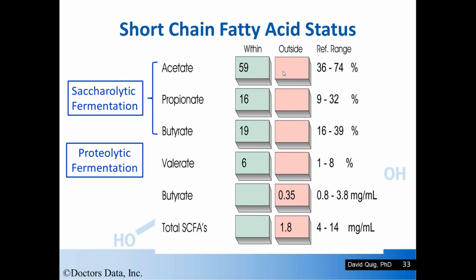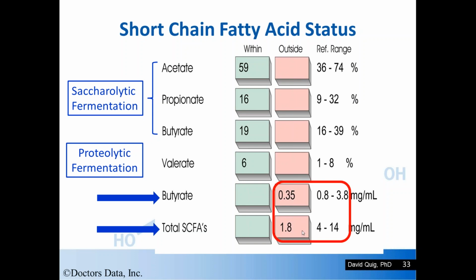Well, nobody really knows exactly what any of these abnormal distributions of short-chain fatty acids mean, other than there is some significant disruption in the microbiome. More importantly is to look at the absolute concentrations or amounts of total short-chain fatty acids and butyrate, which in this case are pretty hurting.